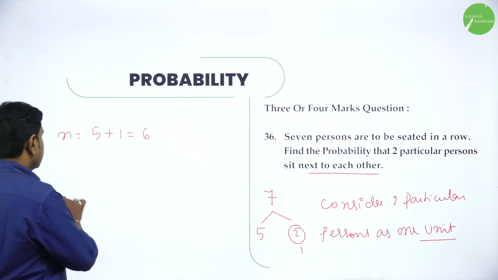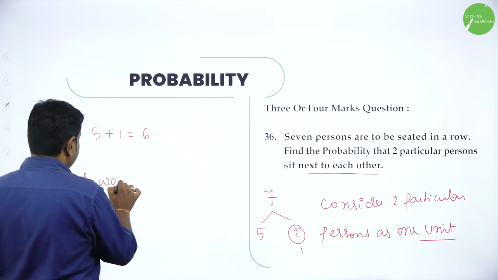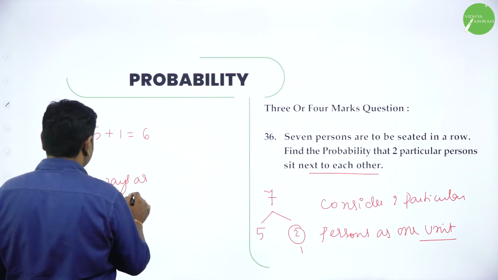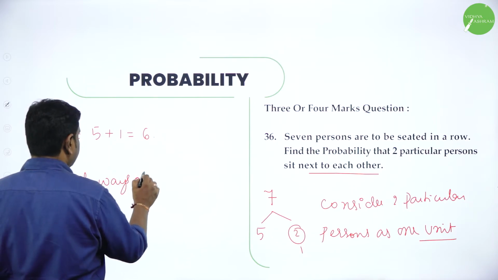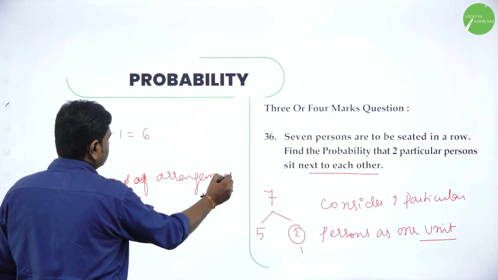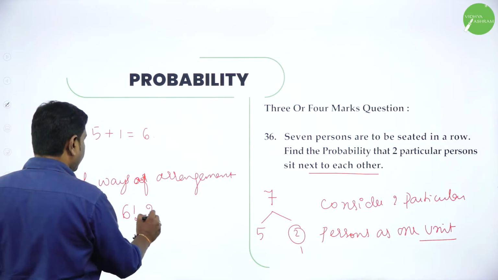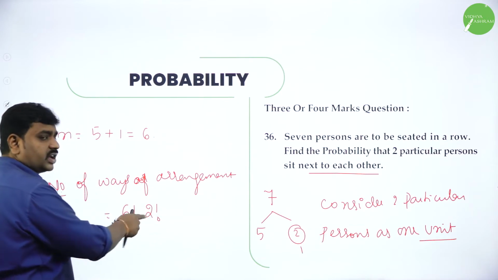And the 2 persons can be again arranged in what? 2 factorial. So number of ways of arrangement is equal to 6 factorial into 2 factorial. The 2 persons again you can arrange them as what?